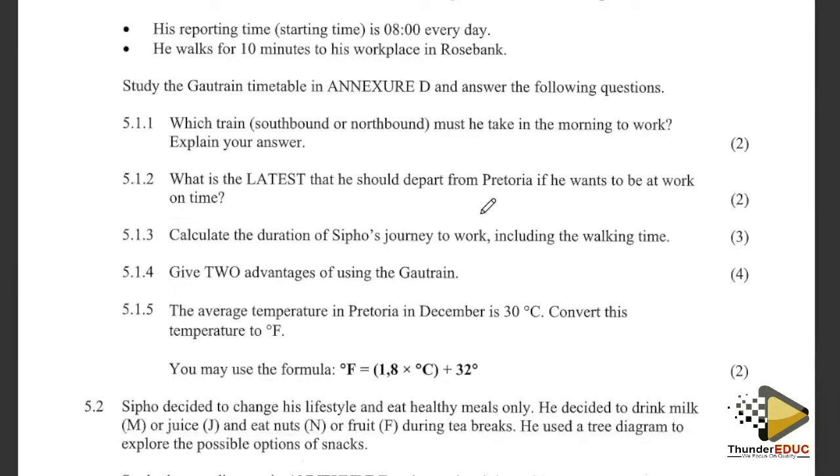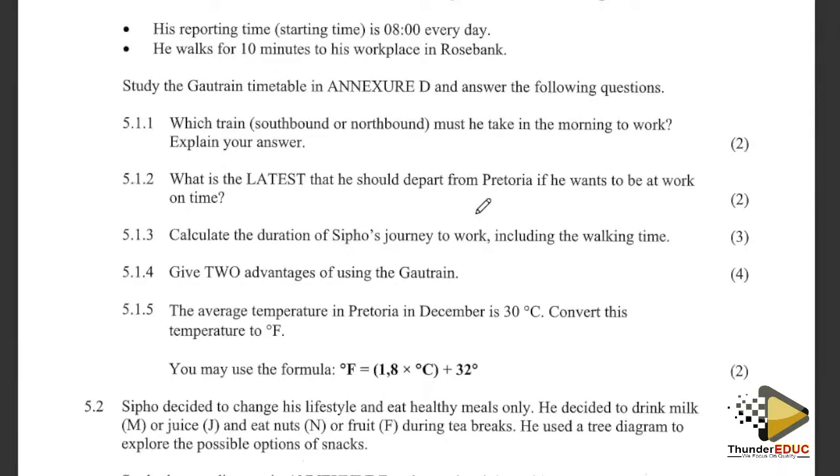Question number 5. Tipo lives in Pretoria and travels daily to work in Rosebank using the Gautrain. His reporting time, in other words, the starting time, the login time, is supposed to be 8. He has to be at work at 8 every day.